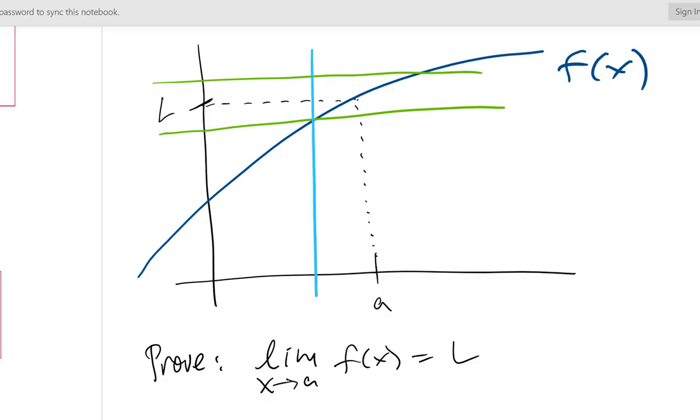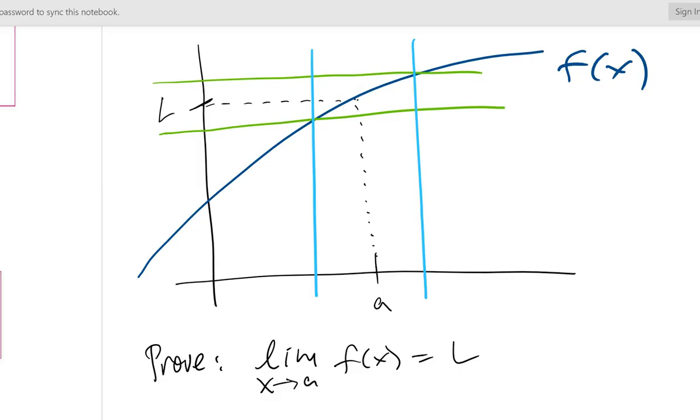These vertical lines have to be equally distant away from, not L, but equally distant away from a. They don't have to be, but we want them to be. In the beginning, it's okay that they're not. I'll modify this in a bit.